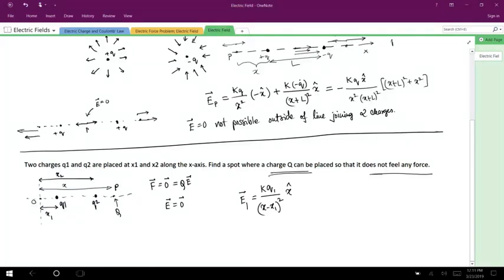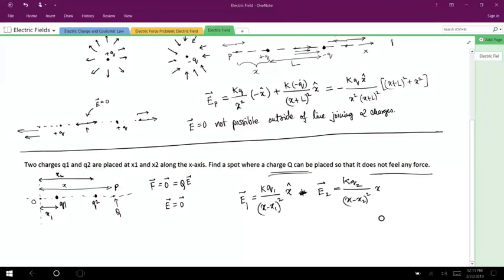Okay, let's do the same thing for Q2. Let's talk about the electric field separately. So E2 is due to Q2, so that's K times Q2 divided by x minus x2 squared, x hat.